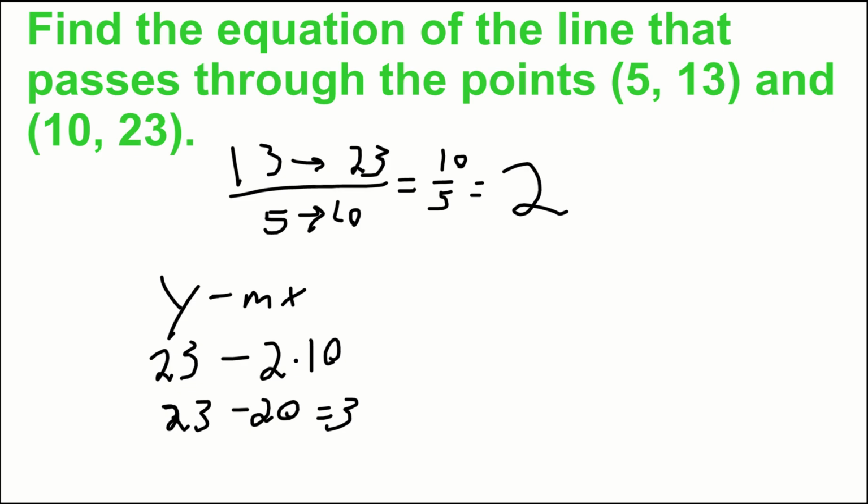Nevaeh? So we got y equals 2x plus 3. Any questions on that? Y'all, it's just going through the steps each time. The biggest issues with this are the signs when you have negatives, okay?